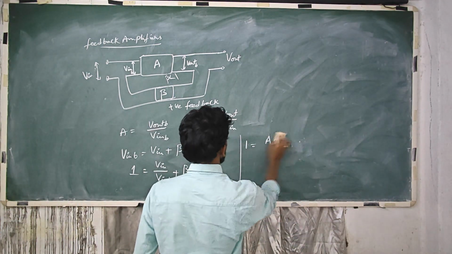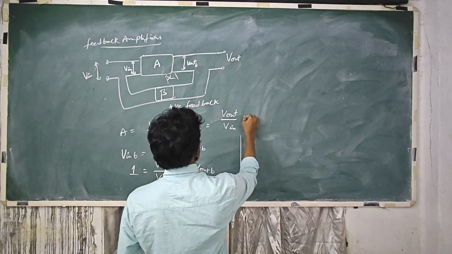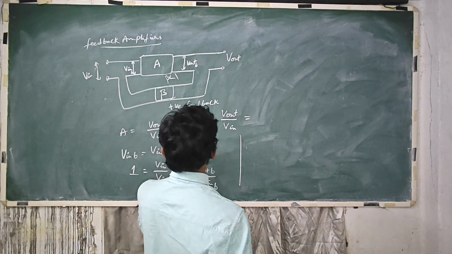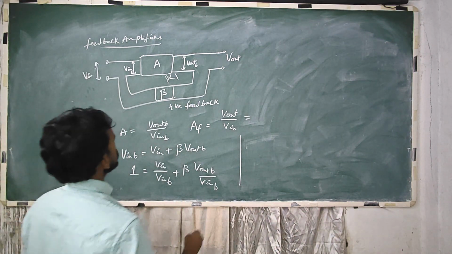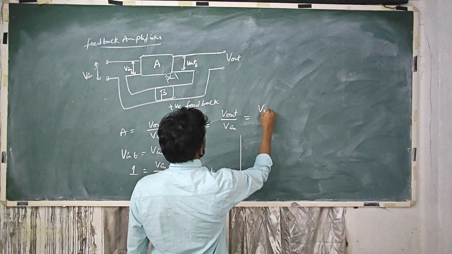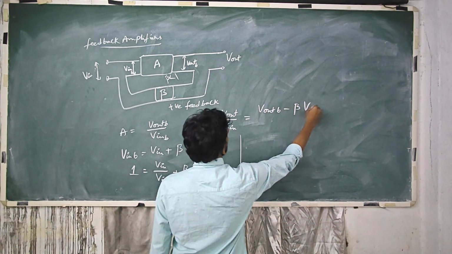Cannot write like this. Let's say I work out with this. AF is equal to V out by V in. V out is what? V out B minus beta times V out B.